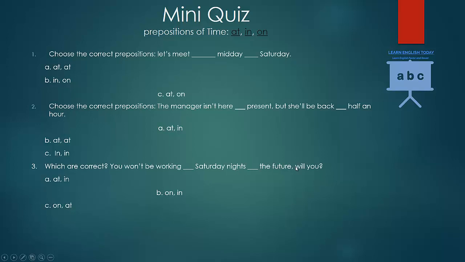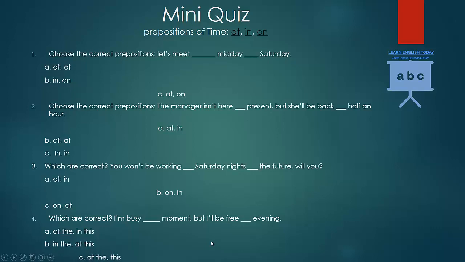And the last question, which are correct? I'm busy moment, but I will be free evening. Yeah, exactly, C. I'm busy at the moment, but I will be free this evening.